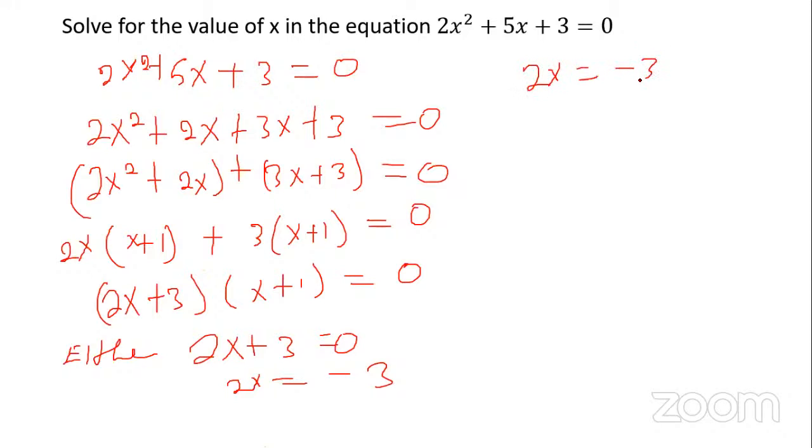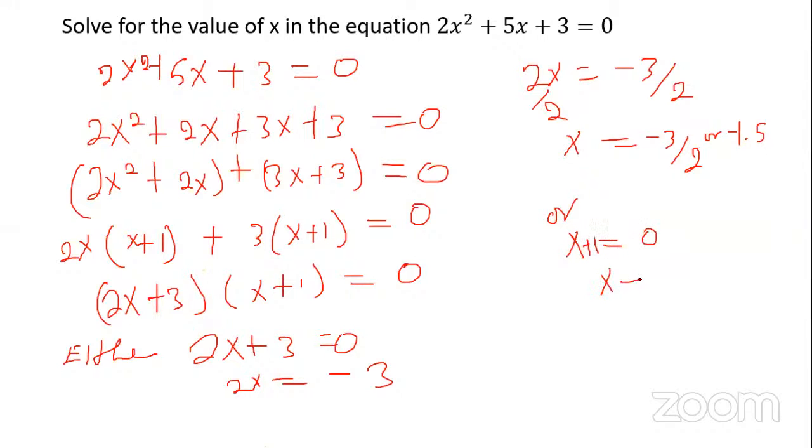And then we divide both sides by 2. Or here you can say negative 1.5. But if you decide to write negative 3 over 2, you just write negative 3 over 2. Or x plus 1 is equal to 0. And then x would be negative 1.